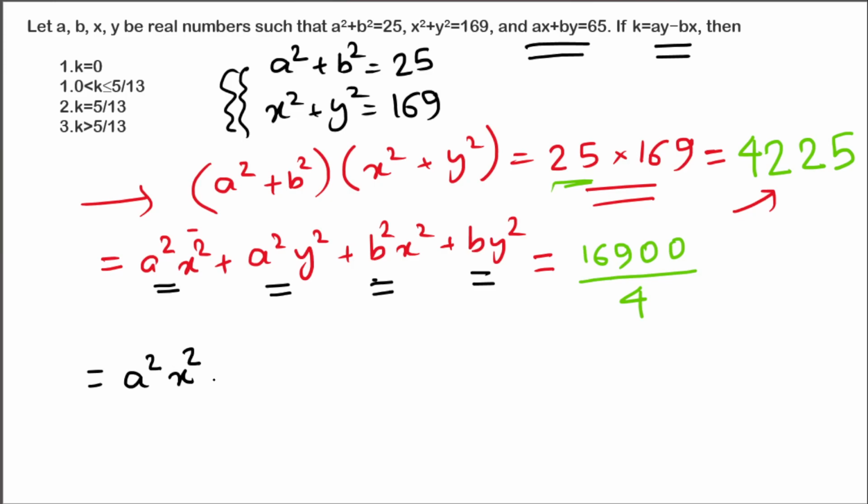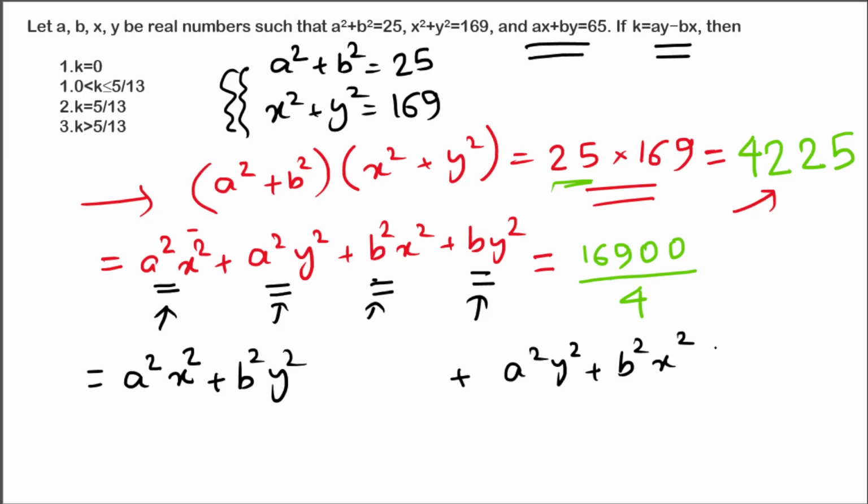Okay, so now that is established, what we can do is isolate it in that manner. So first of all, a square x square plus b square y square, these two terms we isolated, and then we also will isolate this term and this term. Okay, so that is a square y square plus b square x square. This is equal to 4225, that is separately written here.